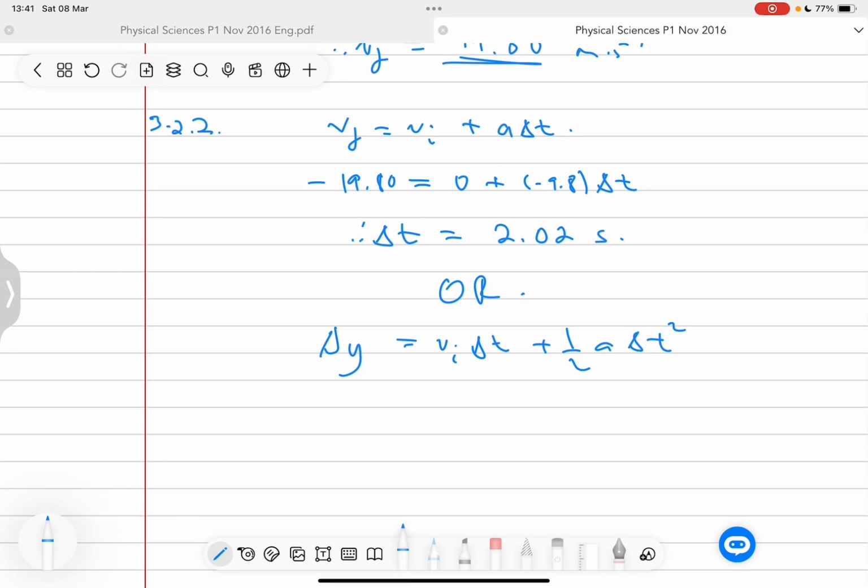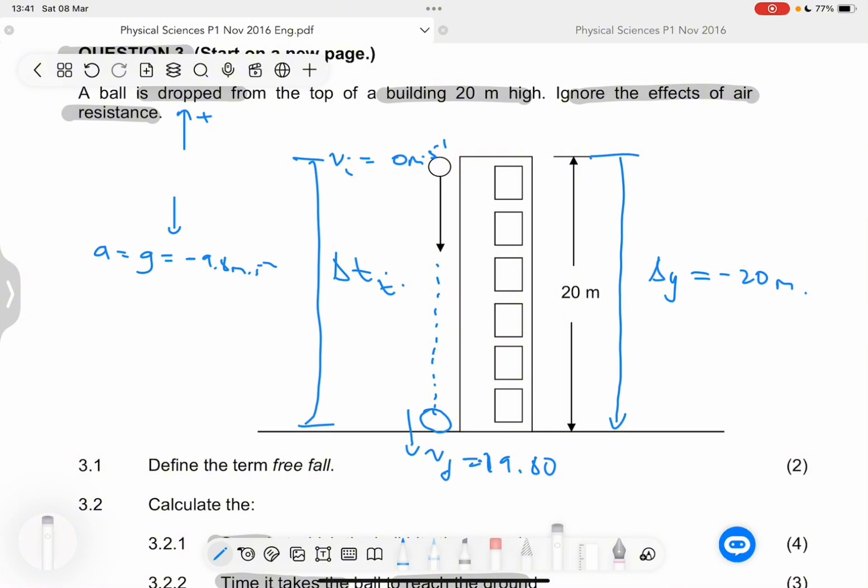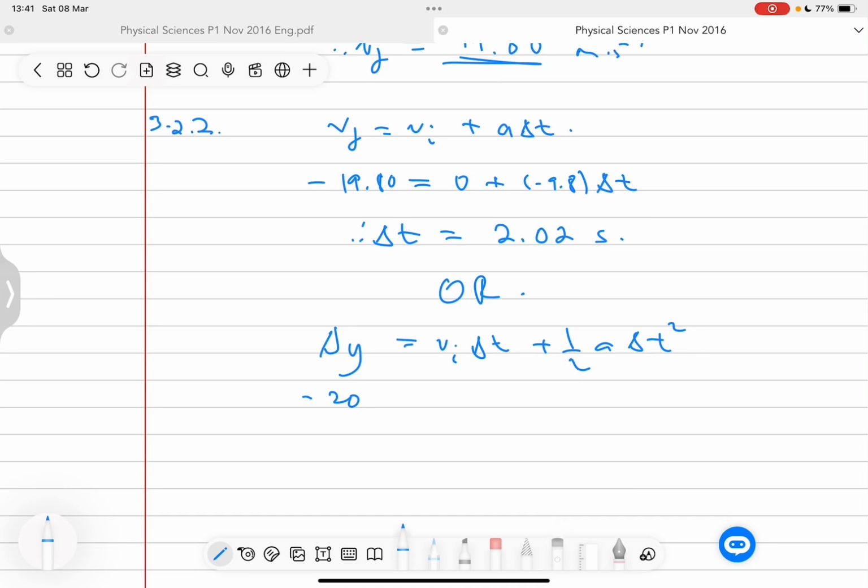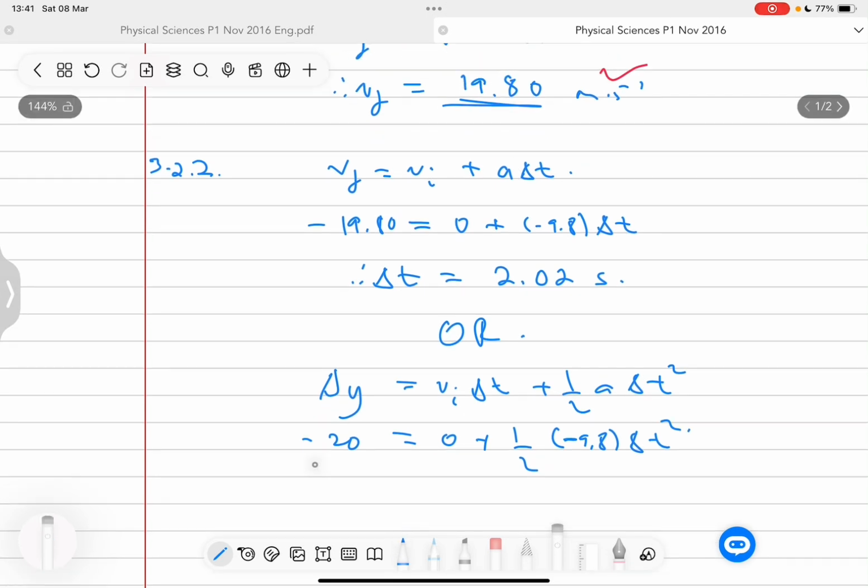With this equation, our displacement will be negative 20, because the ball goes in the negative direction, and it starts with an initial velocity of 0. That means that whole term becomes 0. And here we have 1 over 2 times negative 9.8, and we try to calculate the time. I'll stop here because I want you to finish calculating this and see if you get the same answer that we did.